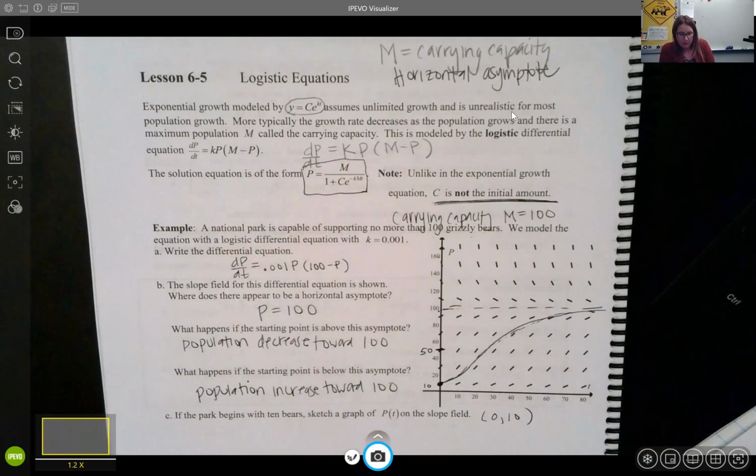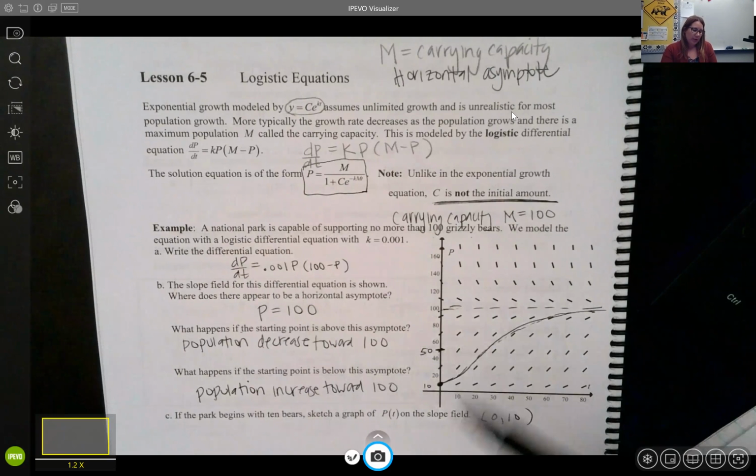You always want to look at the carrying capacity divided by two; that is when the population is going to have the steepest curve, at half the carrying capacity. We'll go over that on the next slide.